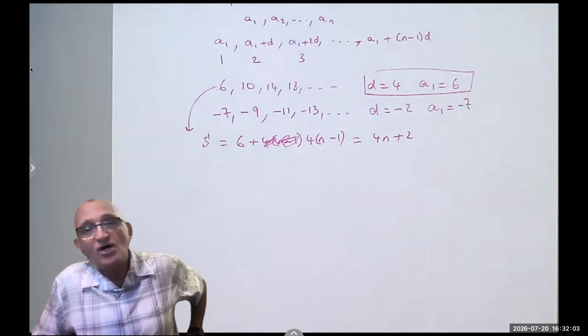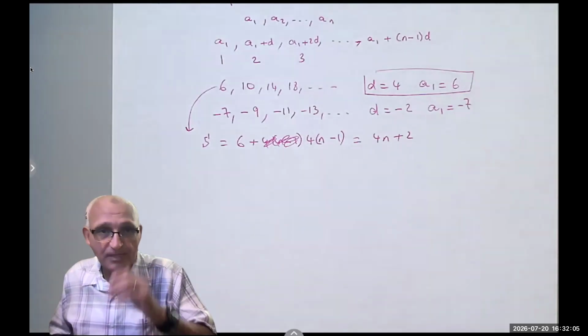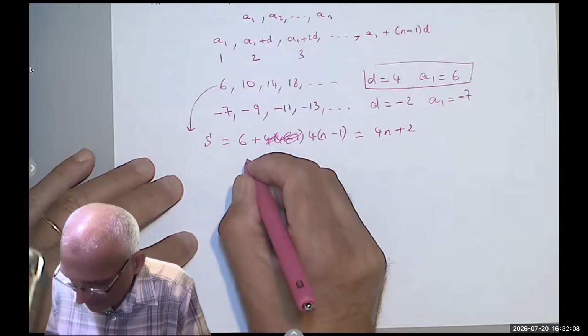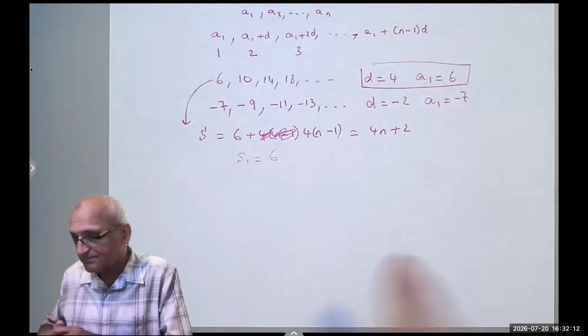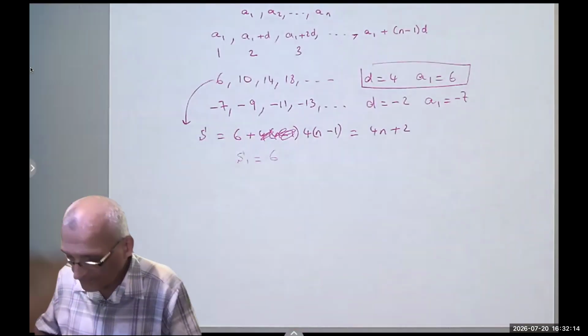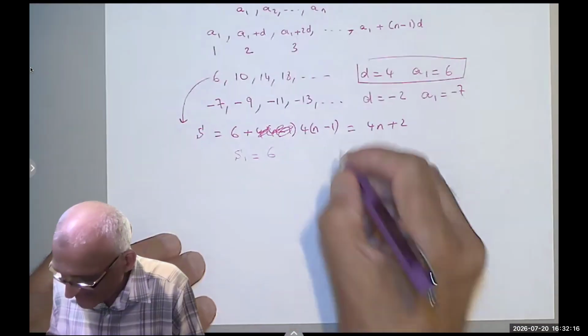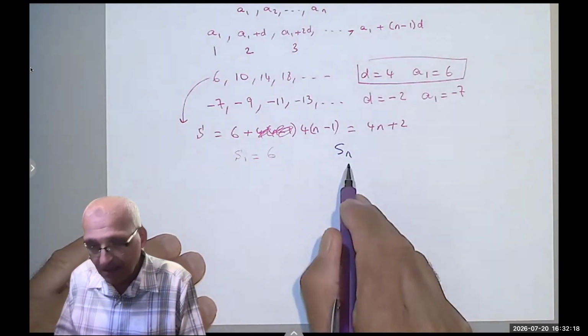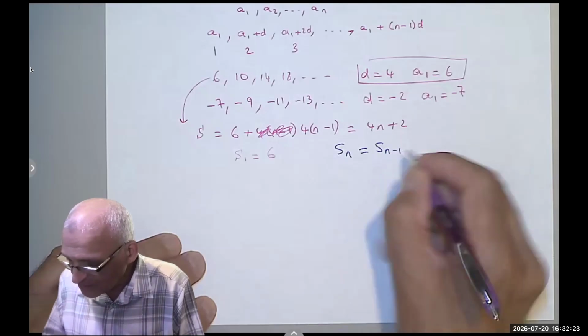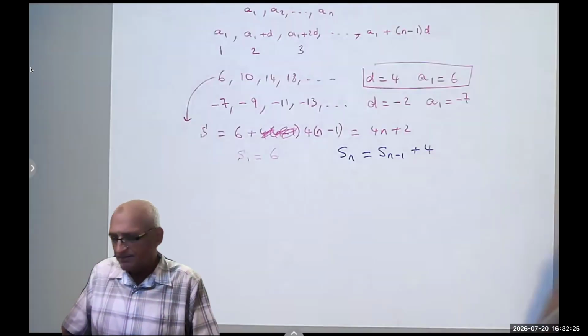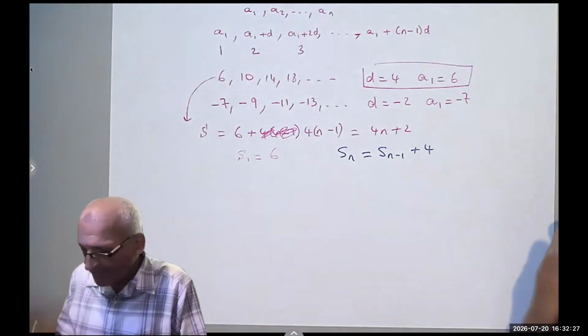However, I can give you also an implicit information. I can tell you, for example, S1 is 6. And then after that, S sub n is S sub n minus 1 plus 4.